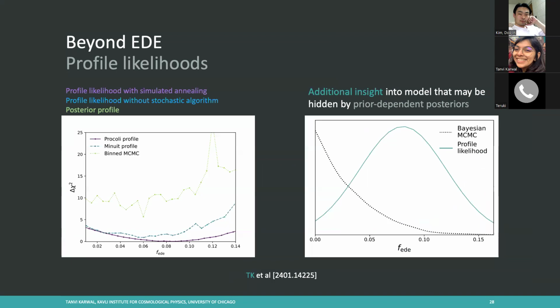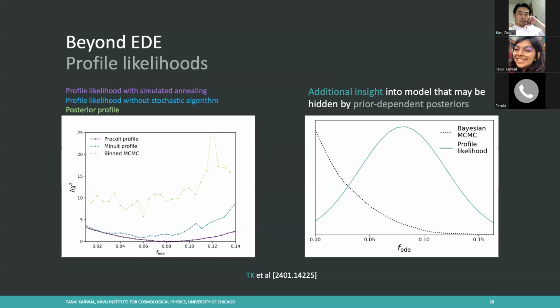The purple solid curve is a profile that's generated by my code. The blue curve is a profile that is generated by a non-stochastic algorithm, which does not perform as well. And then the green curve is if you literally just take your MCMC, bin it, and in these narrow bins, ask what is my best likelihood point. You can see that an MCMC is not actually a great optimizer. It's not made for that purpose.